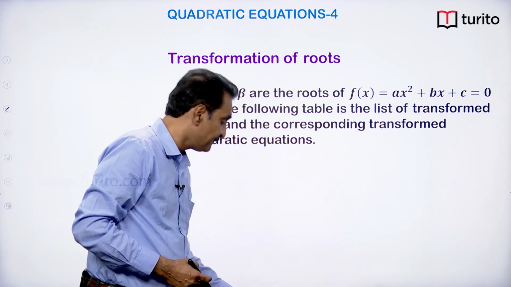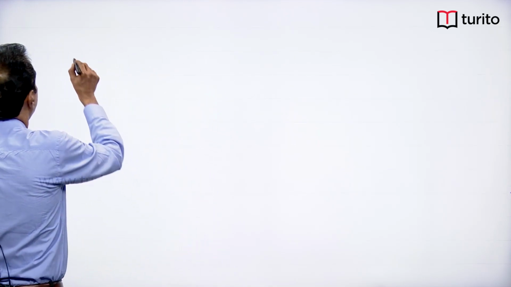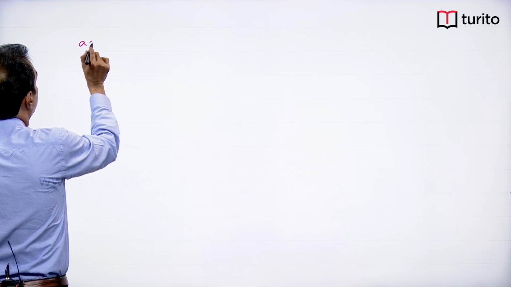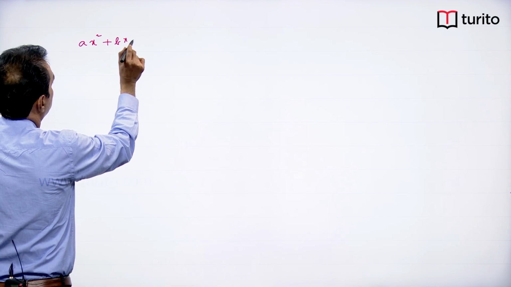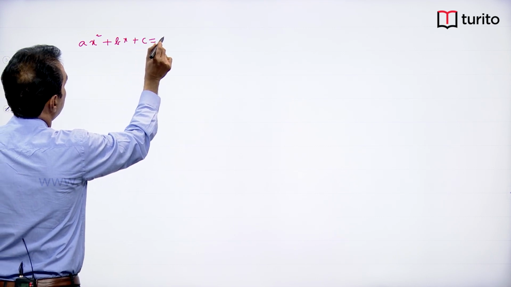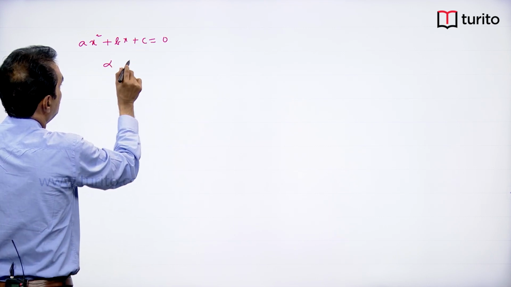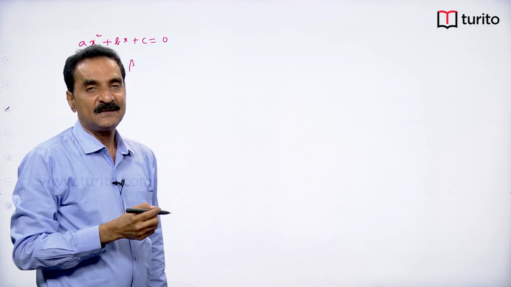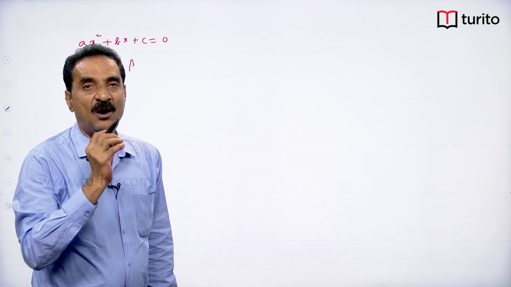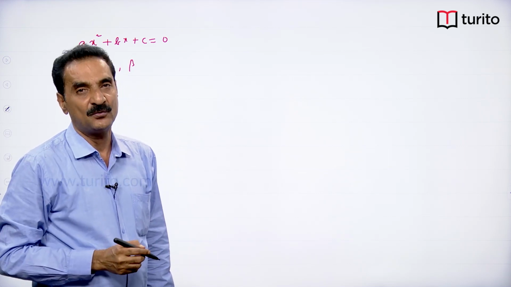Now, let us see. Ax square plus bx plus c is equal to 0. Its roots are alpha, beta. Now, let us suppose a constant k is added to both the roots.